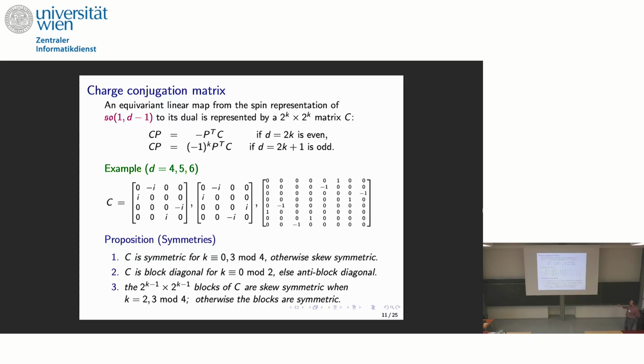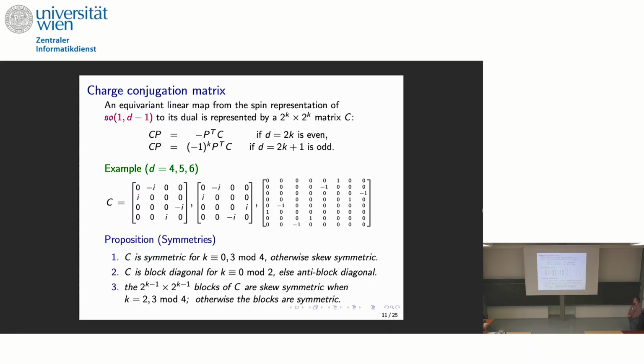If D is 5, it's another complex skew-symmetric matrix. But then if D is 6, it's some other matrix that's now symmetric. Sometimes skew-symmetric, sometimes symmetric, sometimes real, sometimes non-real. So is life.